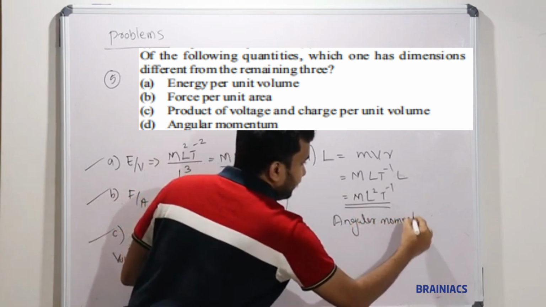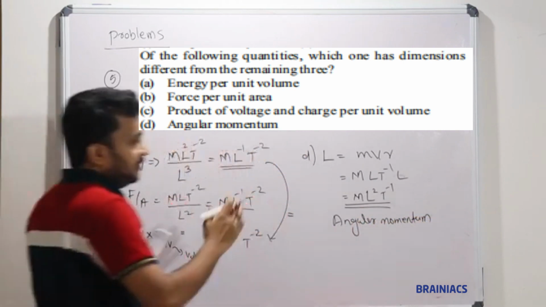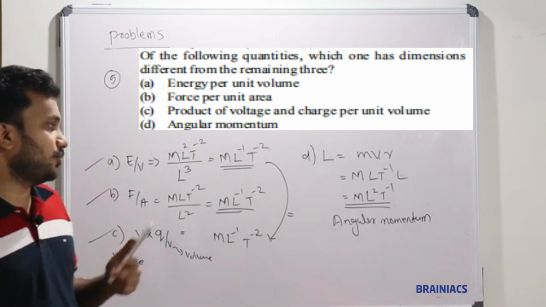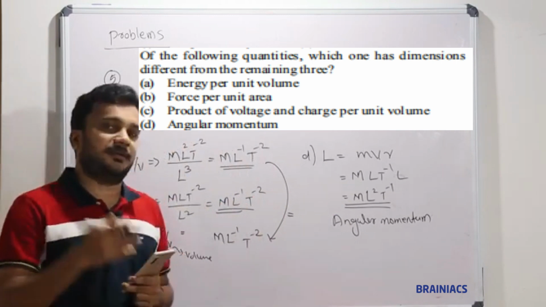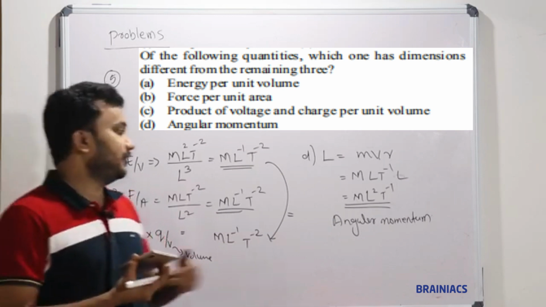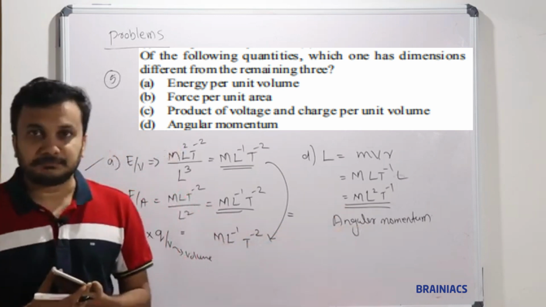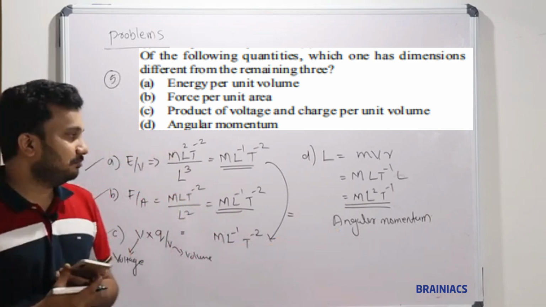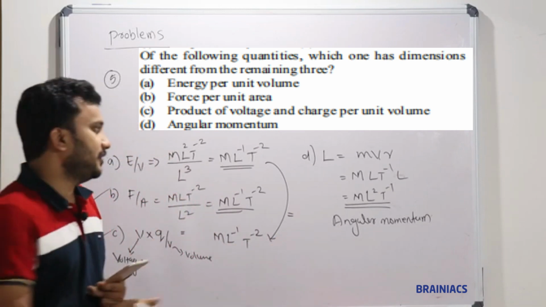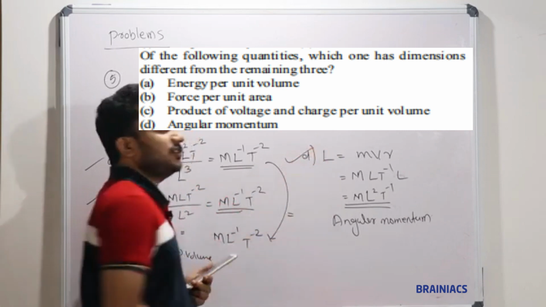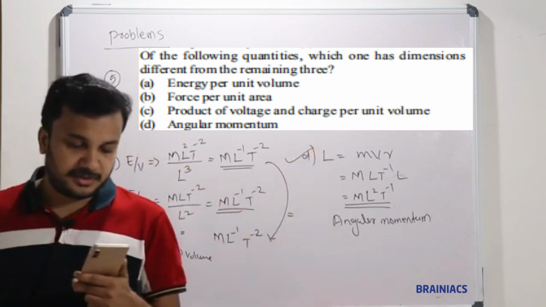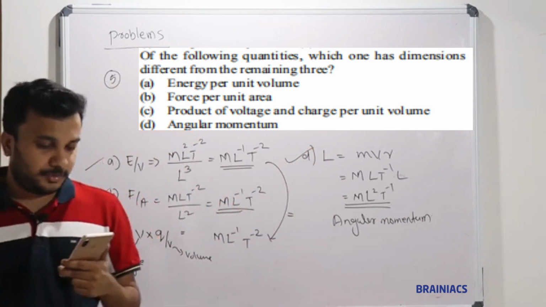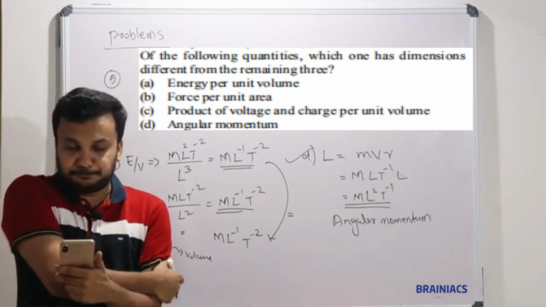All these things you will learn in your first year and second year, once you go to rotational motion, where one chapter will be there. Anyway, I am going to take those chapters for you definitely. So the answer is option D, the one which is different from all the other three options.